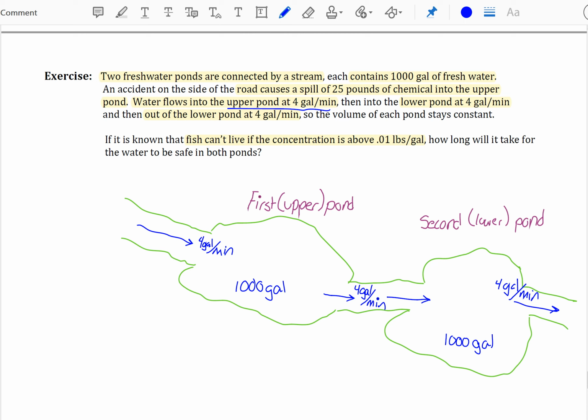Now, at some point during the day, there's an accident that causes a spill of 25 pounds of chemical into the upper pond. And it's only the upper pond, not both. So imagine an accident right here.